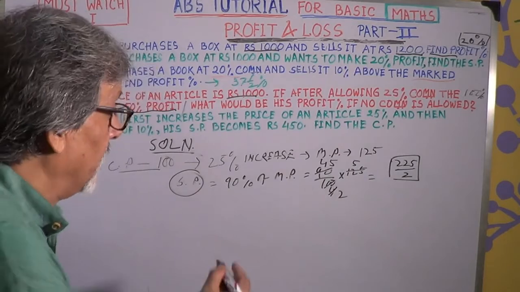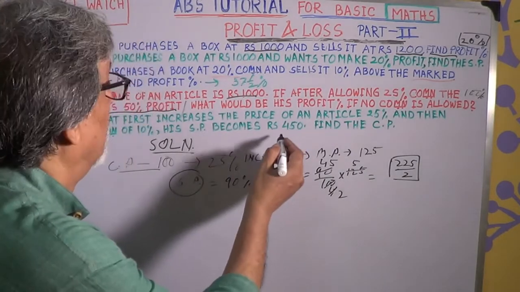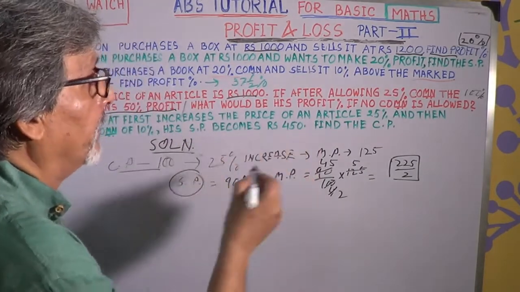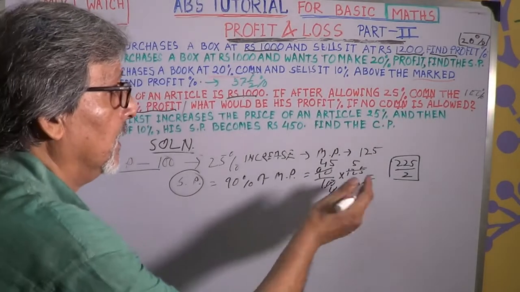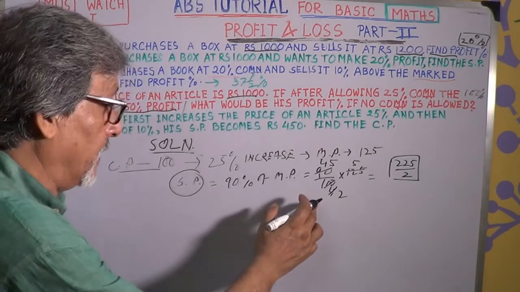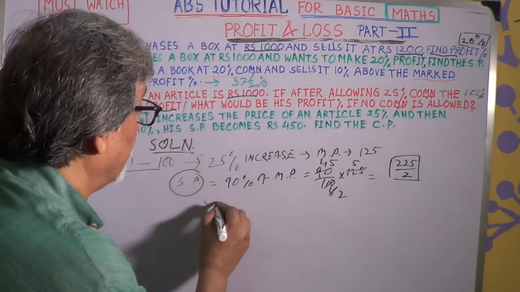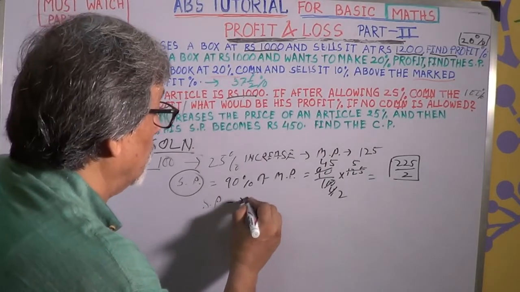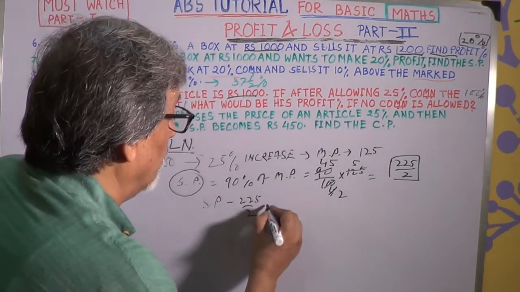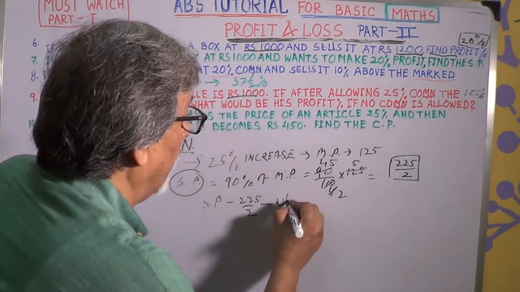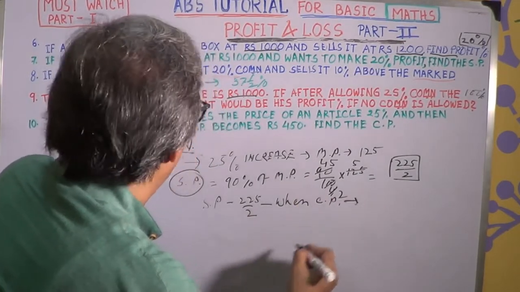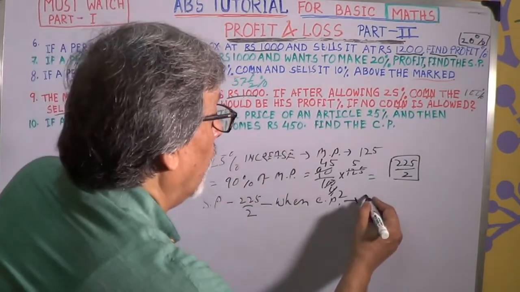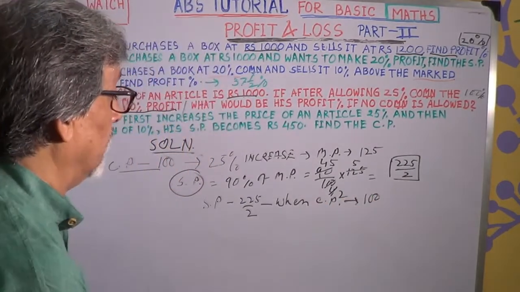Then again the unitary method. If for 100 the SP becomes 225 by 2, we have to find out the cost price. So when SP is 225 by 2, CP is rupees 100.